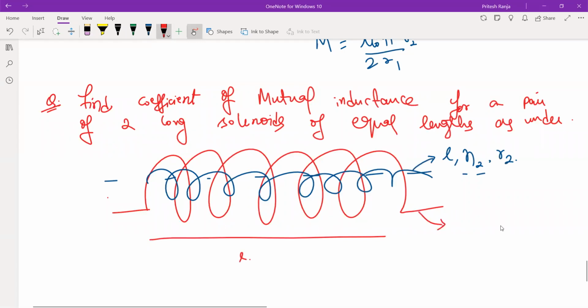For the outer solenoid, the number of turns per unit length is N1 and radius R1. These are given to us, and based on this we are about to find the coefficient of mutual inductance. Of course you need to consider the current in either of the coils. By considering current in any one coil we can find the mutual inductance.